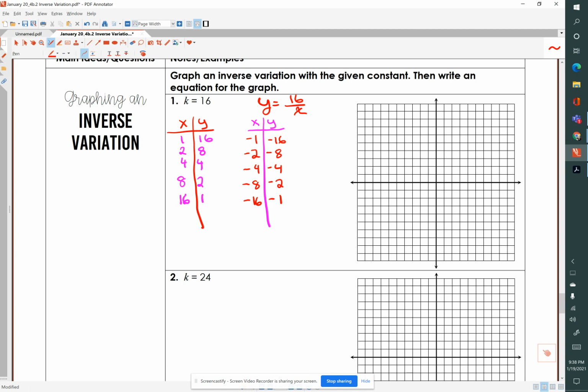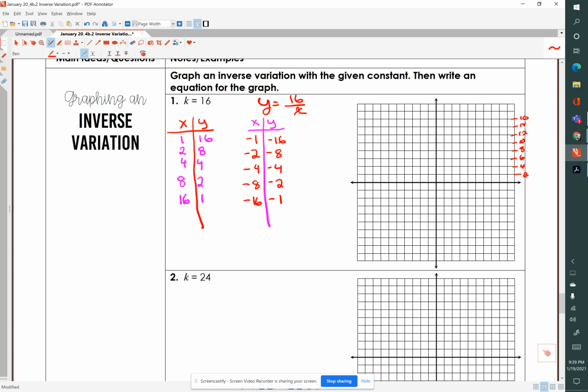Now we go ahead and we plot those points. So 1, 16, some of them we might not be able to fit on the graph. So I'm going to count each one of these as 2. So 2, 4, 6, 8, 10, 12, 14, 16, and I'm going to do the same thing with the y-axis as well.